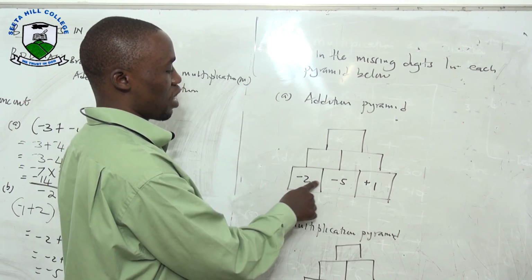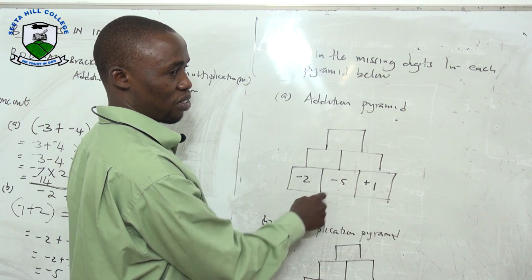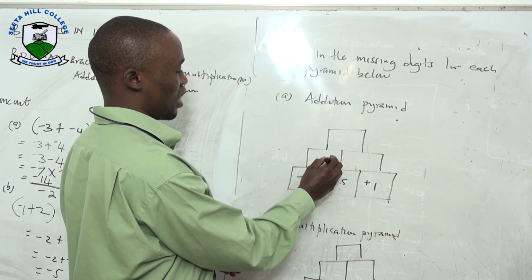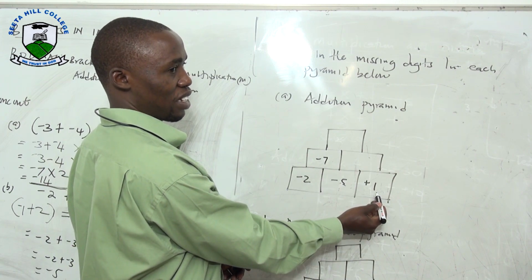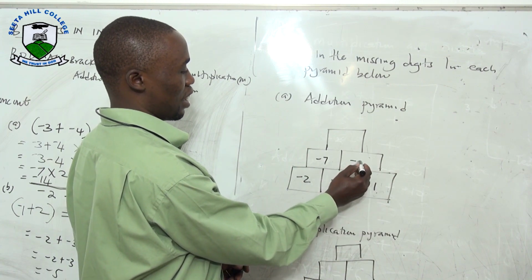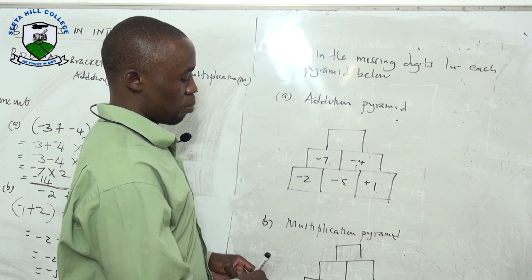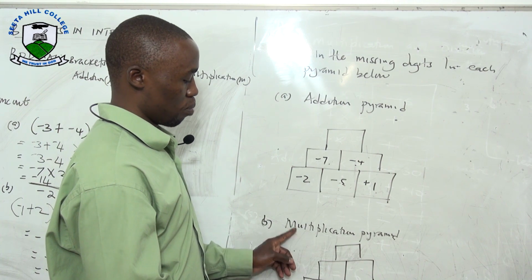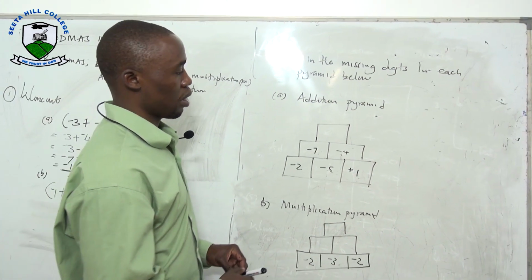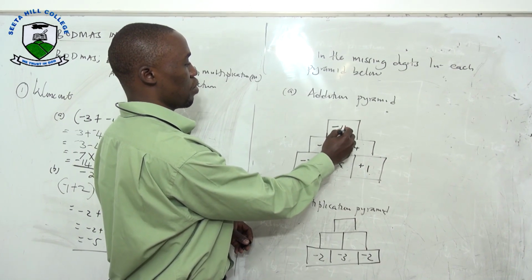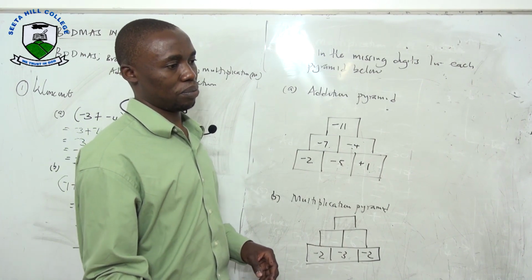That means negative 5 plus negative 2 plus negative 5, negative 7 here. Then this and this, we get negative 4. Then this plus that, fill here. For multiplication, you multiply, you don't add, and you move up, not so? That means this is negative 11. Then you handle multiplication.